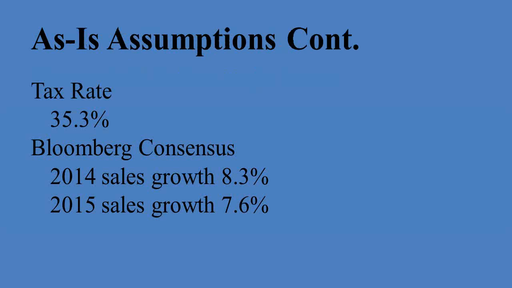The tax rate, we used the average of the previous years at 35.3%, because we felt that was a pretty good representation and there weren't any huge outliers between those years. And as I said earlier, the 2014 and 2015 revenue and EBITDA were the Bloomberg consensus estimates.